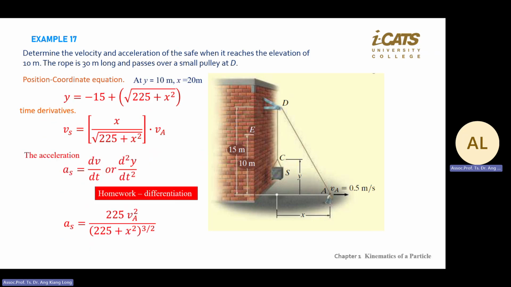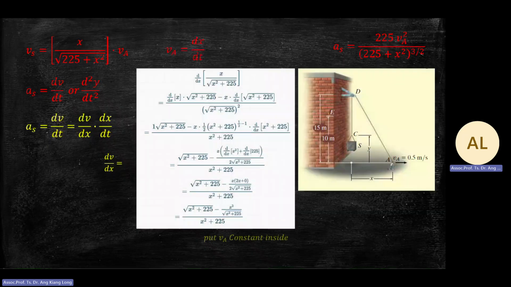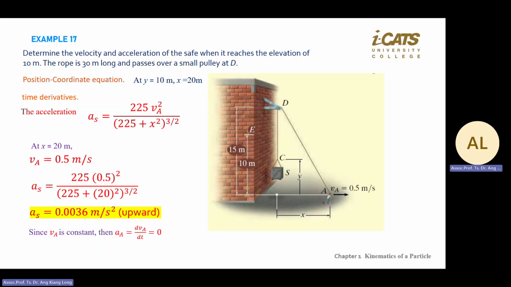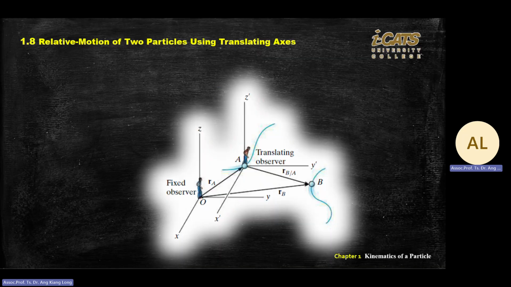Okay, go home and read this example. I show you the derivation also, quite lengthy. Next lecture, we go for 1.8. Okay, we stop here. Okay, see you guys tomorrow.